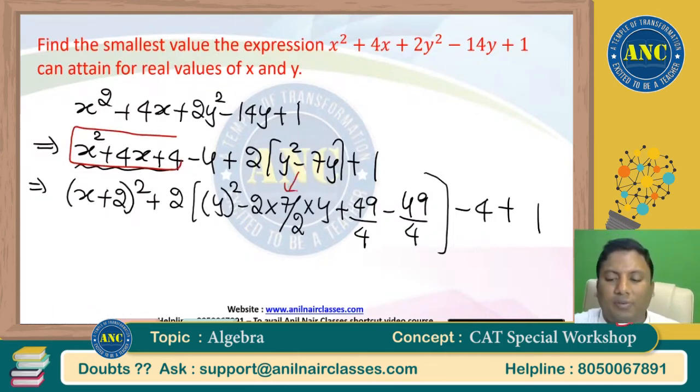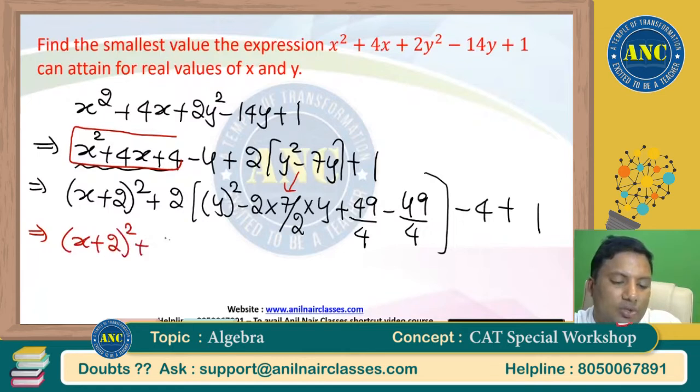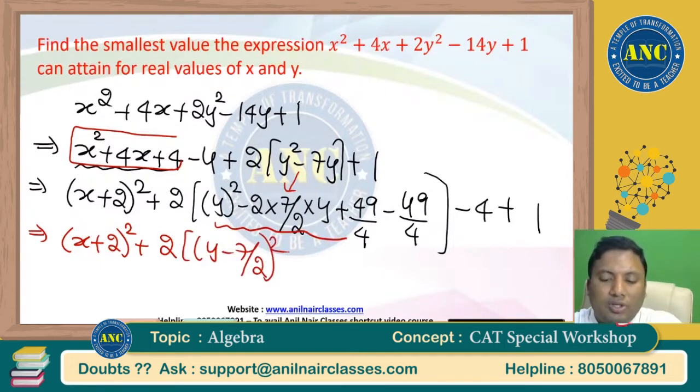These I transformed. Minus 4 plus 1 is written. So this is x plus 2 whole square plus 2 into y minus 7 by 2 whole square. Are you with me? So 2 into minus 49 by 4, minus 98 by 4. Minus 4 plus 1.